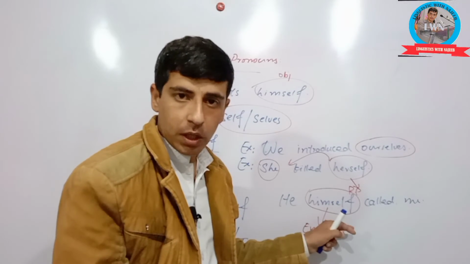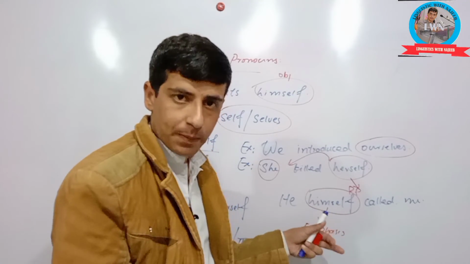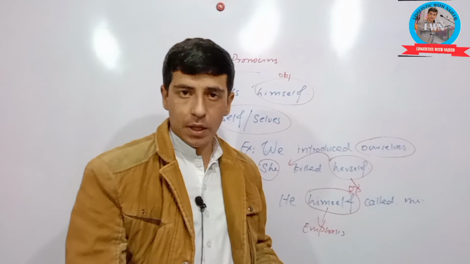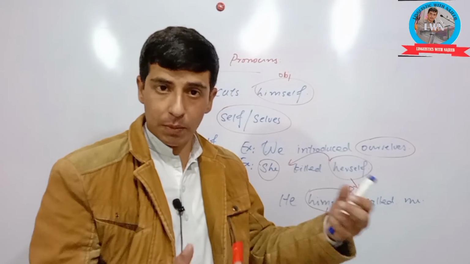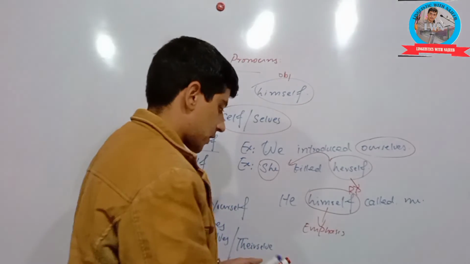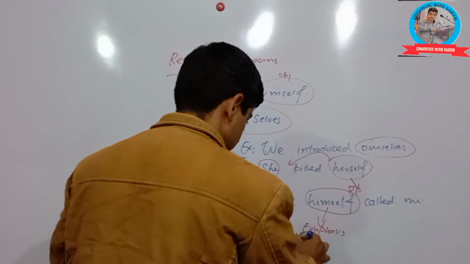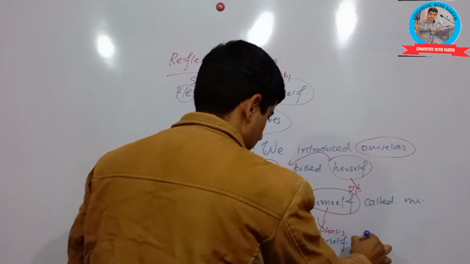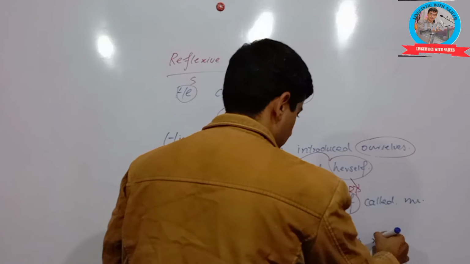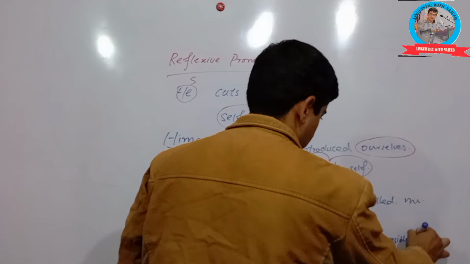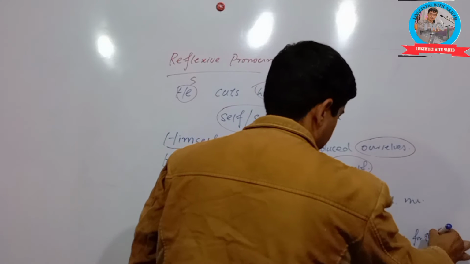So whenever we use a reflexive pronoun before the verb, it's gonna be used for the emphatic purposes. If I say another sentence, she herself is responsible for this crime.